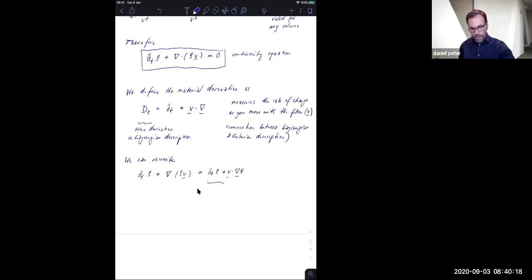And this is our material derivative of rho. But there is one more term that we need to account for. This is the grad of v. So it's then the material derivative of rho plus rho times the divergence of the velocity field, which has to vanish.